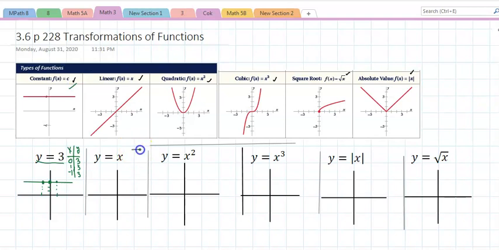Y equals x, if you decided to pick points, notice that these are all functions, so we pick any number for x. I'm gonna pick x equals 0, 1, and negative 1. If I throw a 0 in there, that's a 0. If I throw a 1 for x, y equals 1.